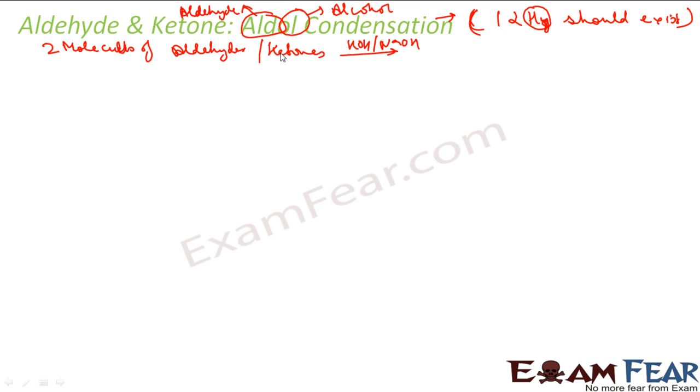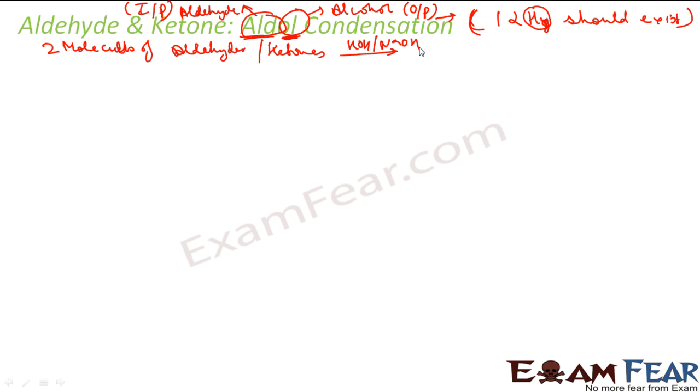Generally you get it from ketones also, but earlier I think it was from aldehydes only. Aldol is aldehyde plus alcohol. That means you have aldehydes, and from that you are preparing alcohol. Alcohol is the output and aldehyde is the input. But typically aldehyde is not the only input, ketone can also be input here. And as I told, the input aldehyde or ketone should have at least one alpha hydrogen.